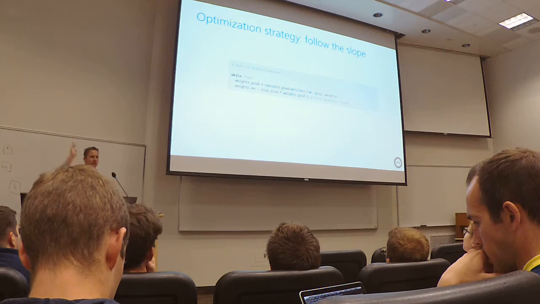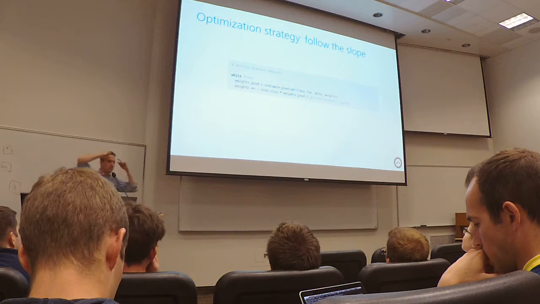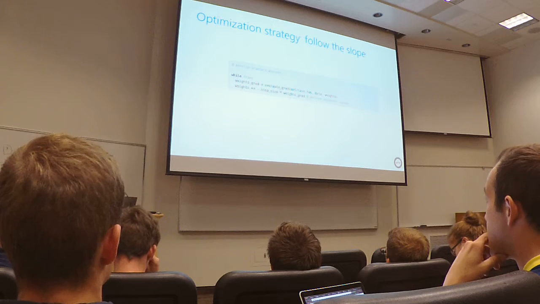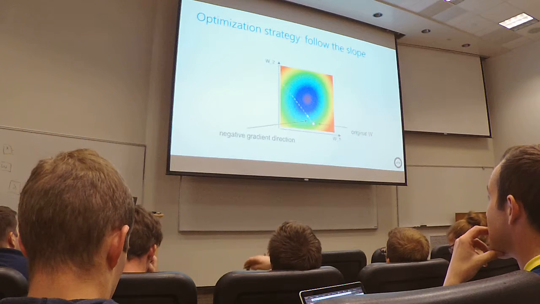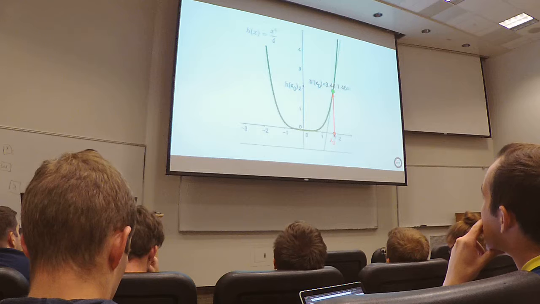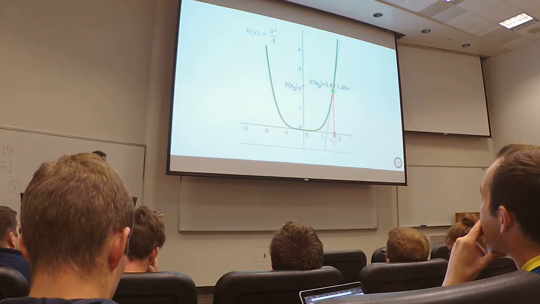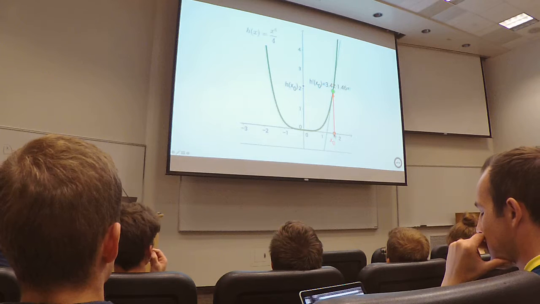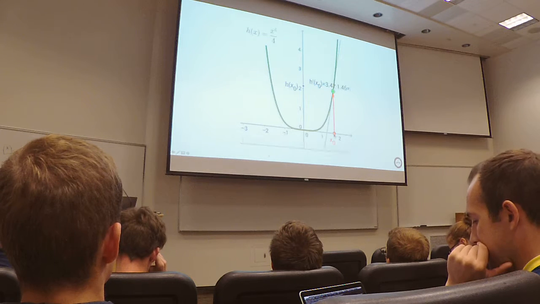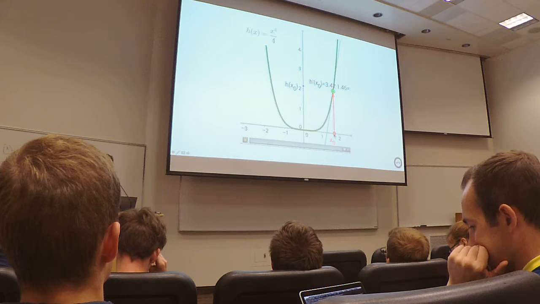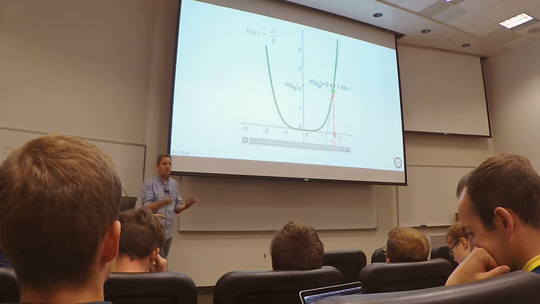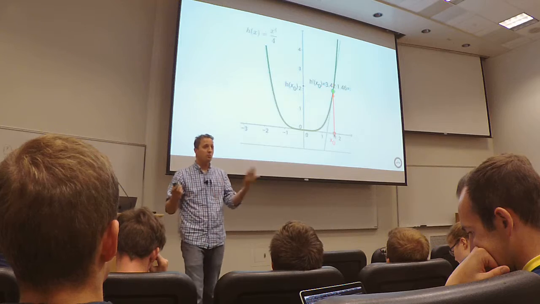So who has ever used gradient-based optimization before? Okay, so far fewer of you. So here's the idea. Let me show you this little video first, just so we're all clear. Remember that the derivative of a function is just the slope of that function at any point.